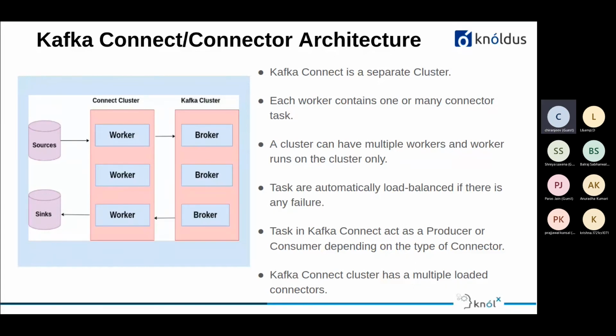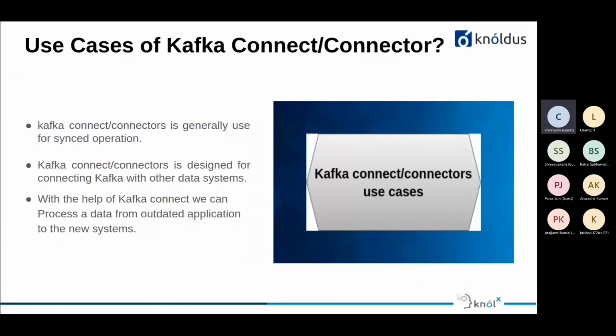Now let us jump into the use cases of Kafka. Kafka connector is used in sync operations for files like databases, etc. It consumes huge sets of data in a compressed form.